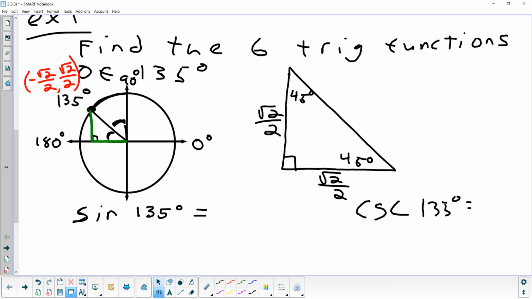So, Dom, what's my sine here? I don't remember. Do you remember the definition of sine? Sine is equal to what letter?